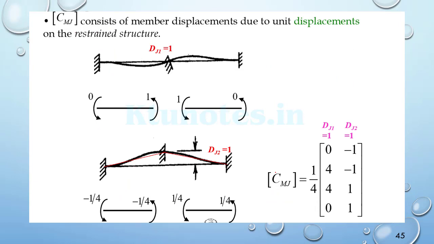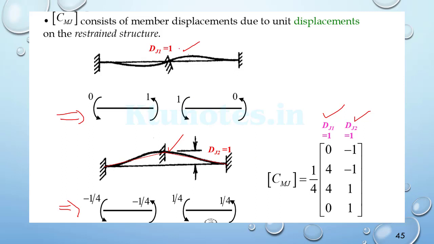Then the next one, the CMJ formulation, because CMJ is also an important one. The displacement transformation matrix consists of the member displacements due to the unit displacement on the restrained structure. We know that for point B there is rotation as well as translation. So we are writing the CMJ individually for the rotation and the displacement. DJ1 will be the rotation one, and DJ2 will correspond to the translation.